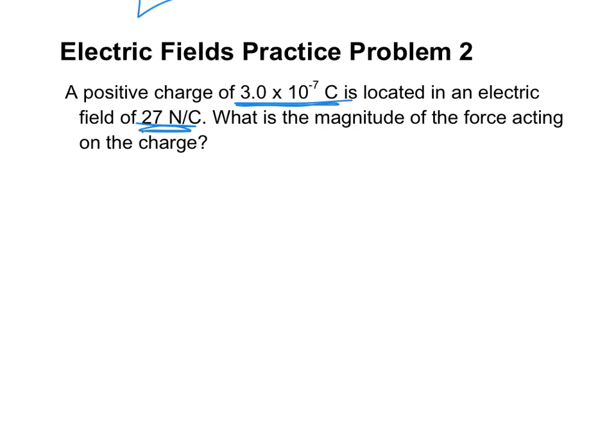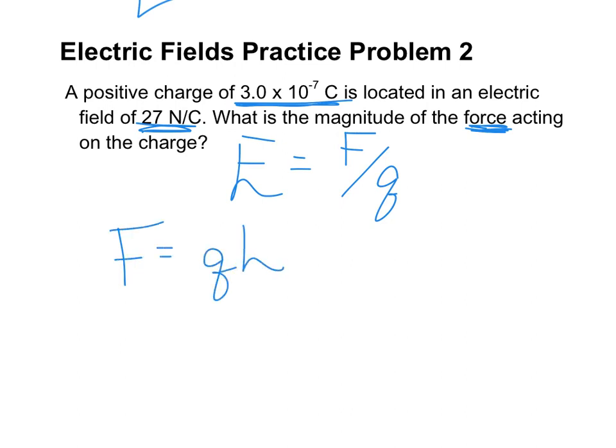So we're again going to use our equation that electric field is equal to force divided by charge. But now we're solving for something different. It says, what is the magnitude of that force? So we're going to have to solve for F. I'm going to rearrange the equation first and rewrite this as F equals Q multiplied by E. Again, we're looking for the magnitude of this force. We're not so worried about directions in this case.